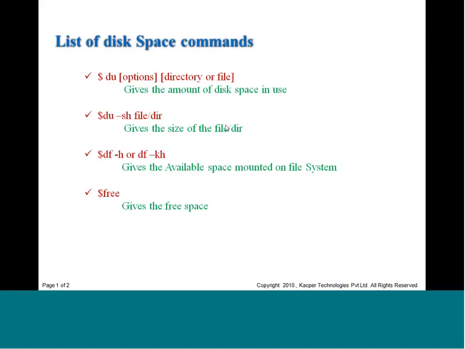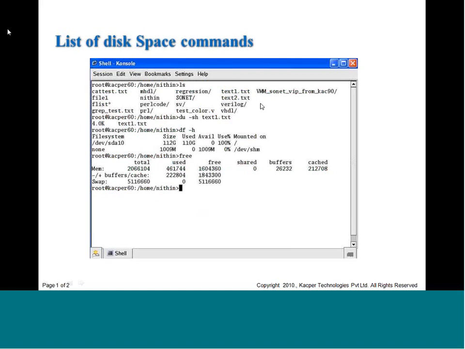And then free is another command which gives you the amount of free space in the system. So let's look at an example with these. So here, there is this home Nithin which has various files in the directory. So you do the ls and then you see all the things.